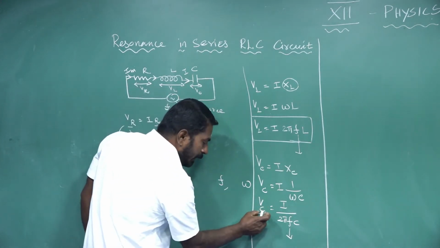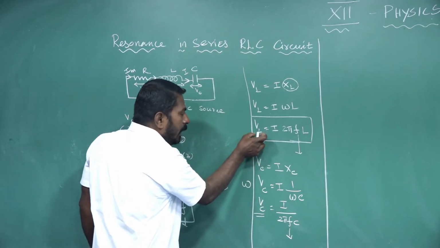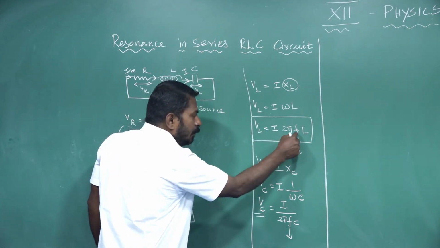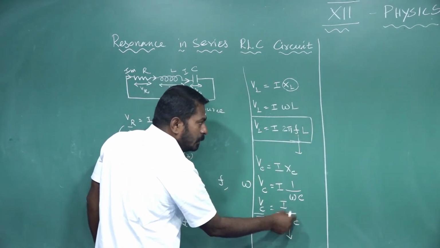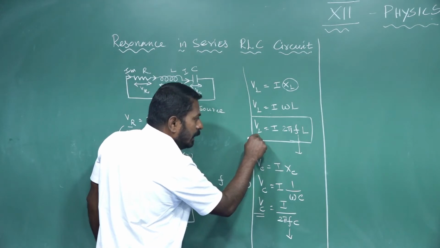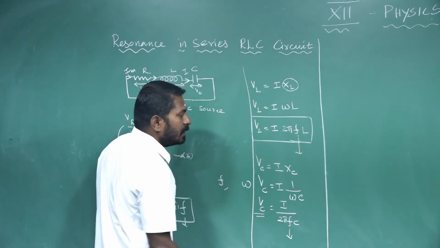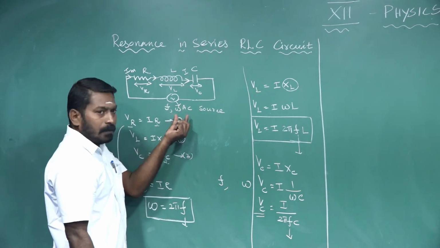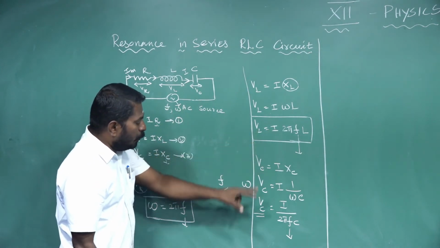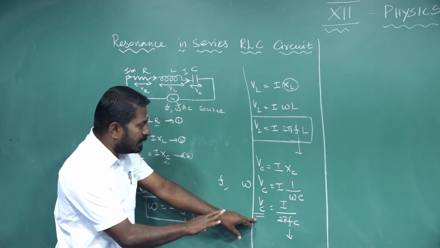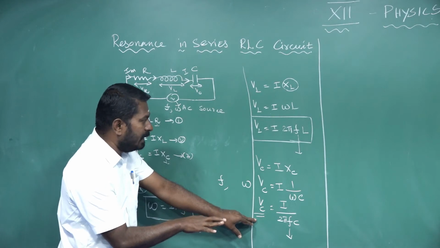So the voltage across the inductor and the voltage across the capacitor are frequency dependent, because their expressions contain the term frequency of AC voltage. So these two voltages are frequency dependent and also angular frequency dependent.